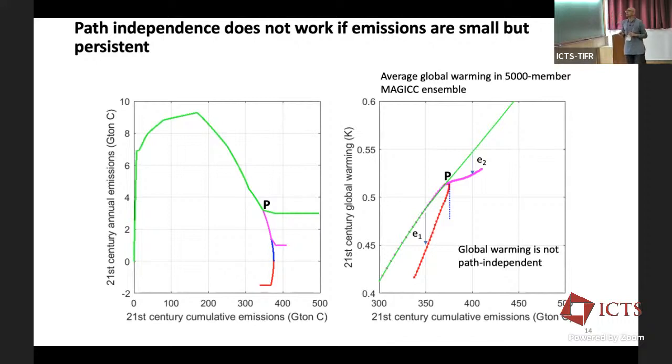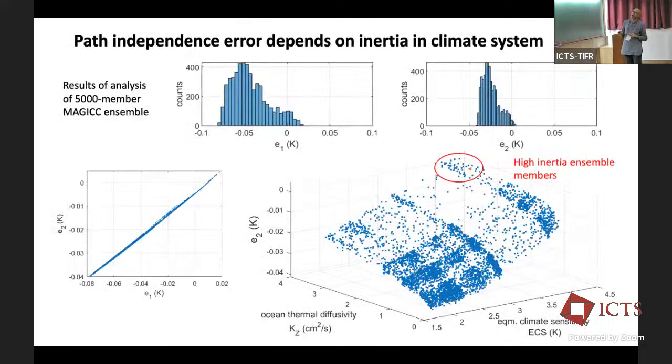Another point I want to make is you consider two emission scenarios, one which is small, one which is negative, and then you can consider the path independence errors, and they're highly correlated because they come from the same physics, right?